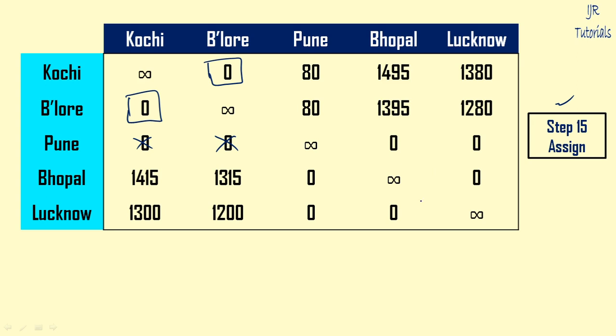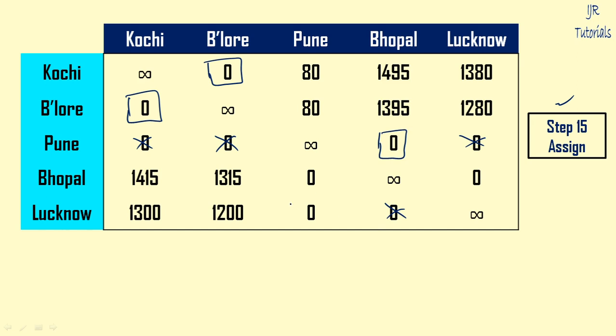So on this basis we have to take one assumption. Out of these two zeros in Pune, we can mark any of the zeros. I am taking this zero, so strike off this zero and this zero.